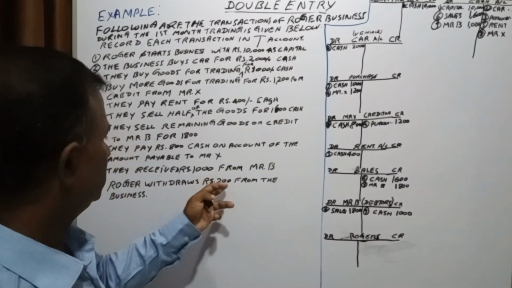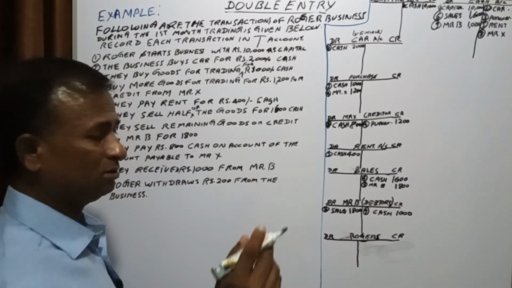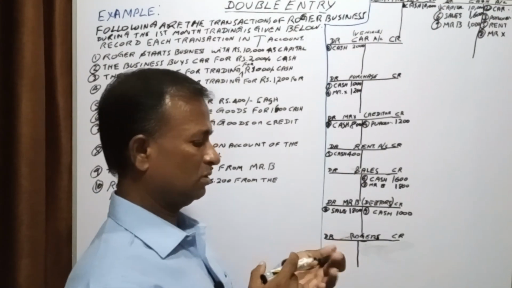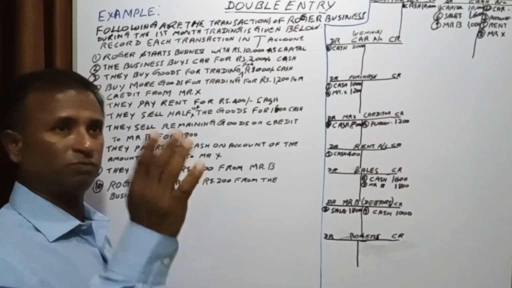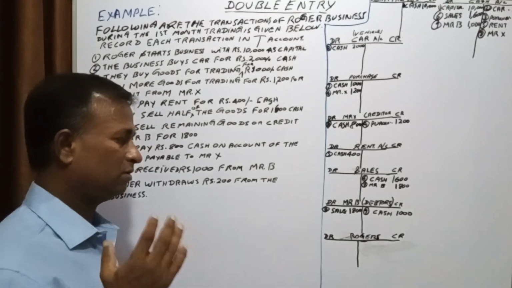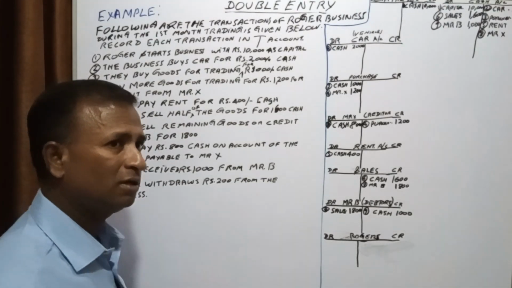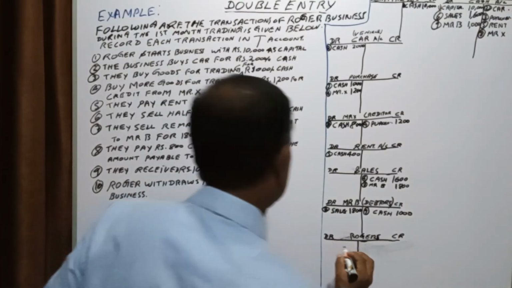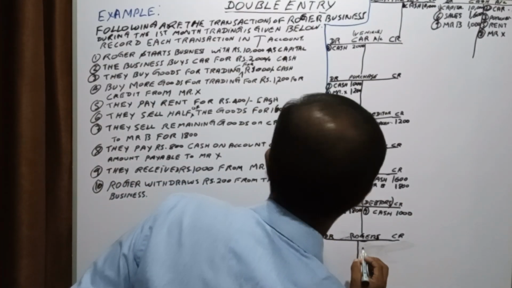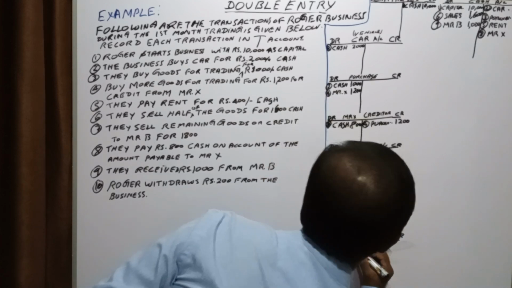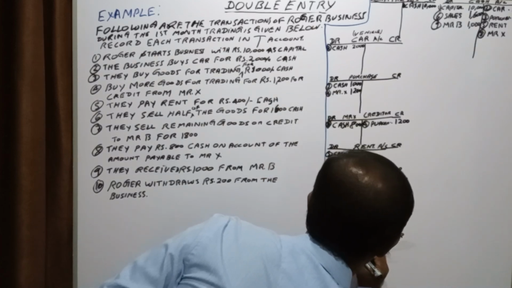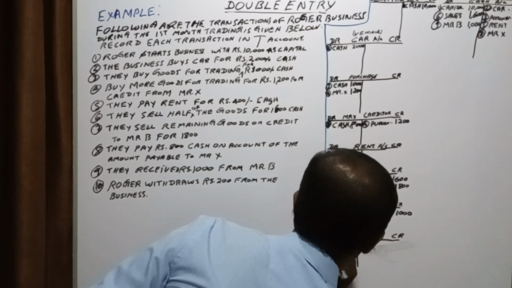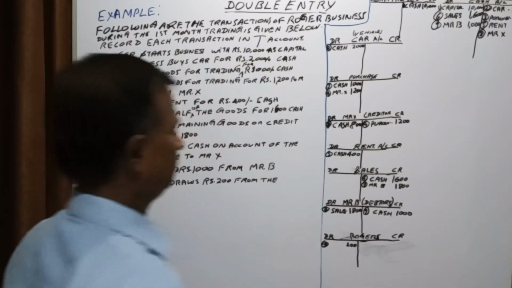Roger withdraws rupees 200 from the business, in the sense cash is going out, which means we have to receive the amount from Roger. Then Roger becomes a receivable, coming under receivables, which is an asset. So we have to put Roger 200 here, right? Adjustment number 10.